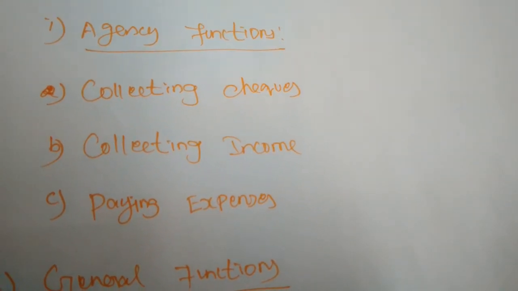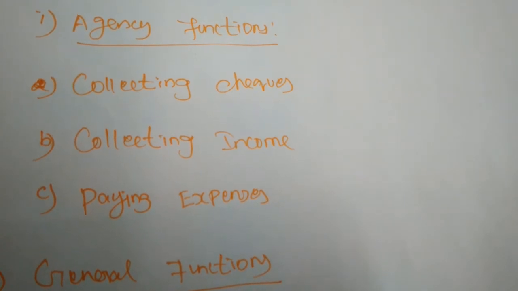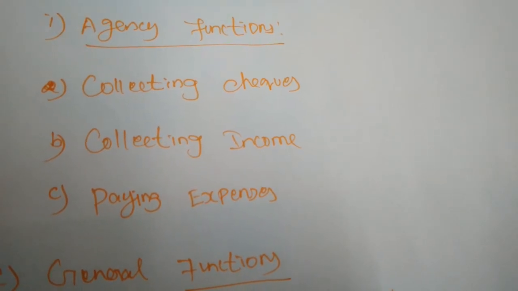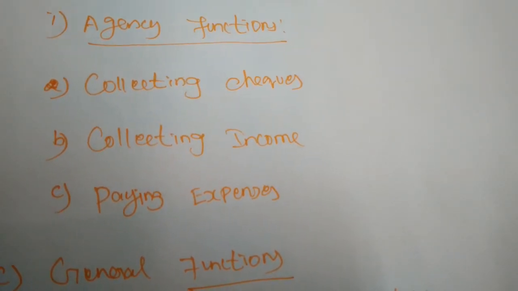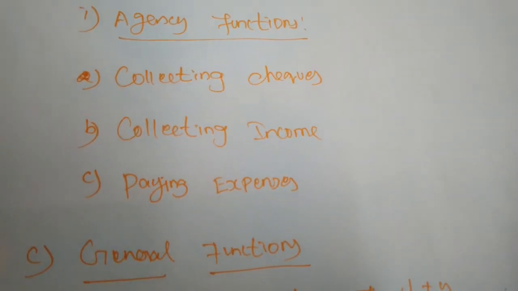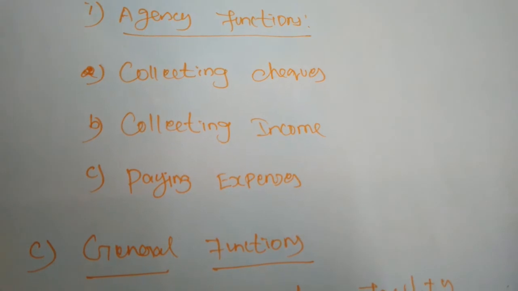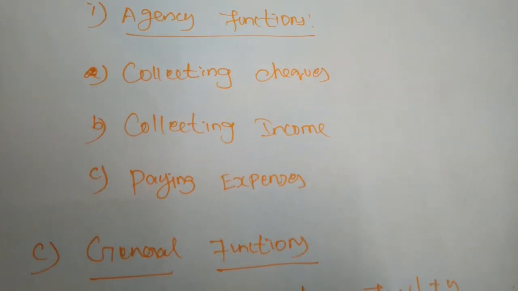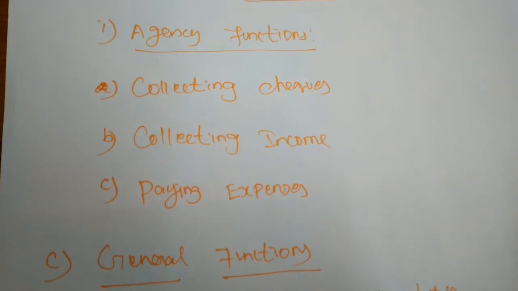So in this case, if the customers do not come to know about the collection of their income, the bank will send the voucher for collecting the income on behalf of their customers. After that, the customer also comes to know about the income received by the commercial bank.